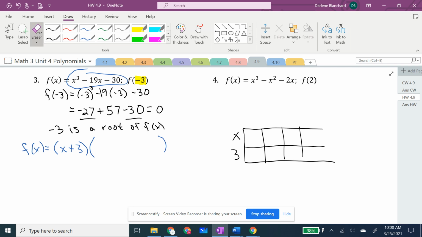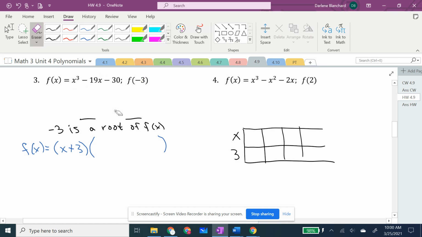I'm going to erase a little bit here so that you can see more clearly what it is we're looking at. So I've got x cubed as my leading term. That's going to be the first item in the upper left of the box interior.